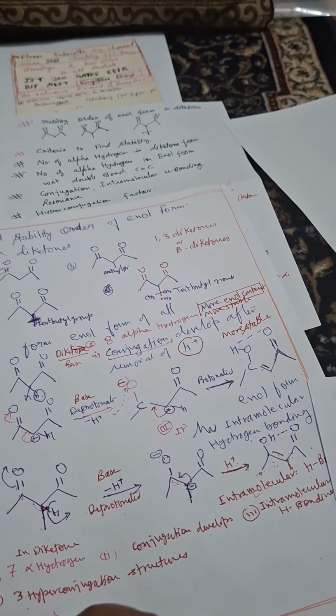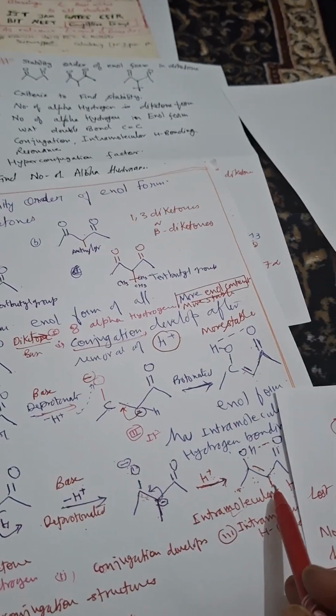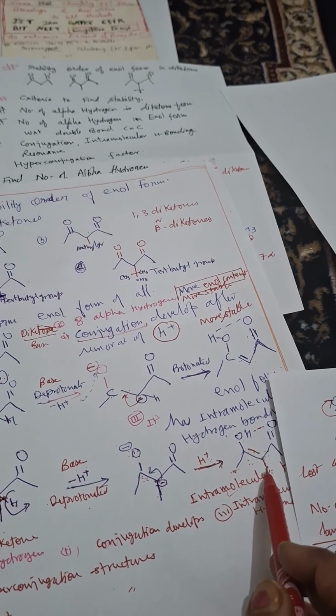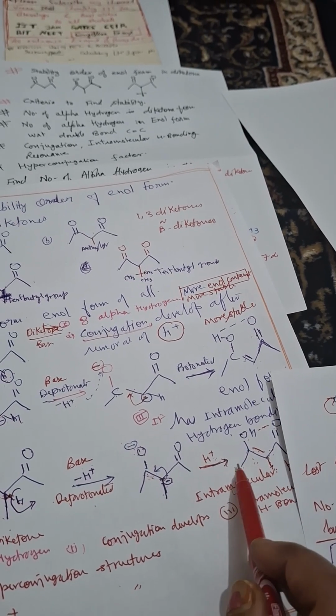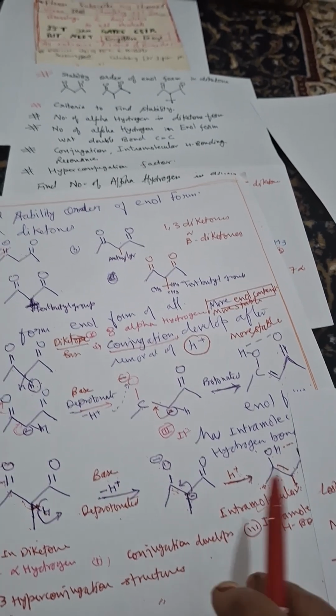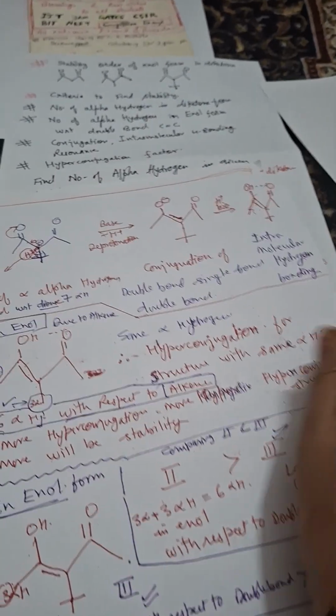We are watching only this olefinic carbon, 3 alpha in this CH3 and 3 alpha in this CH3. So the methyl one will be more stable in the enolic form as compared to the tertiary butyl.